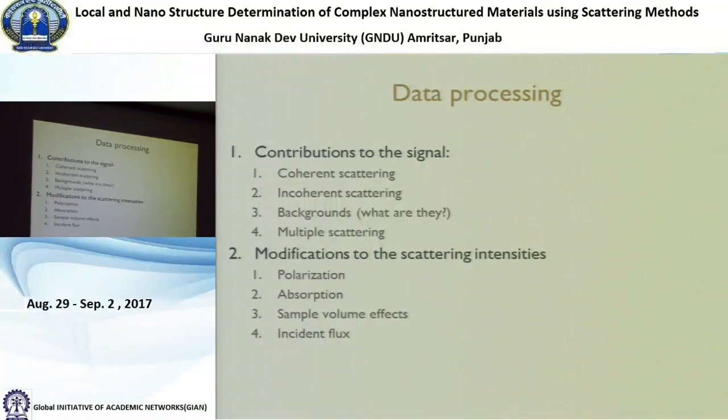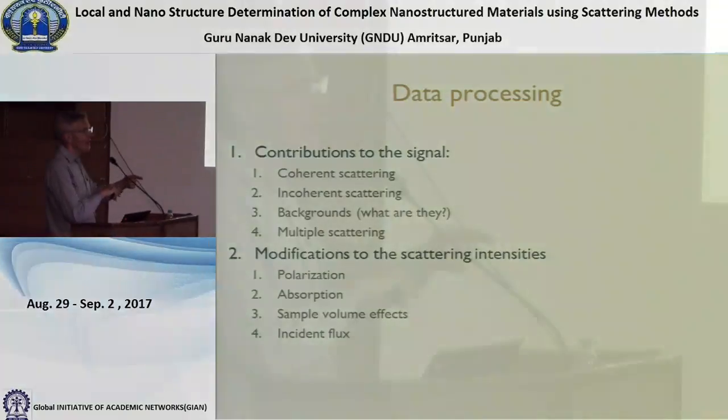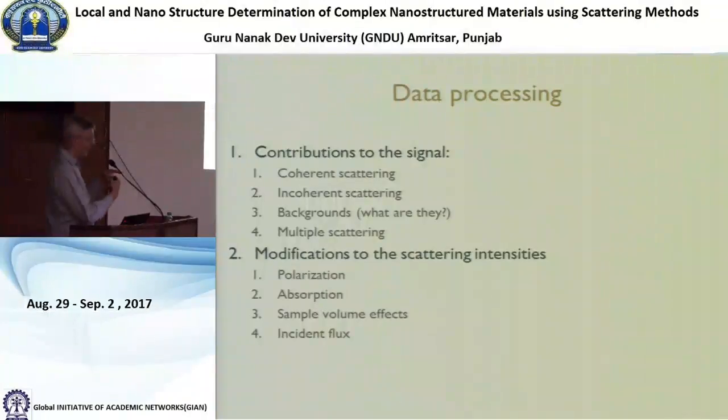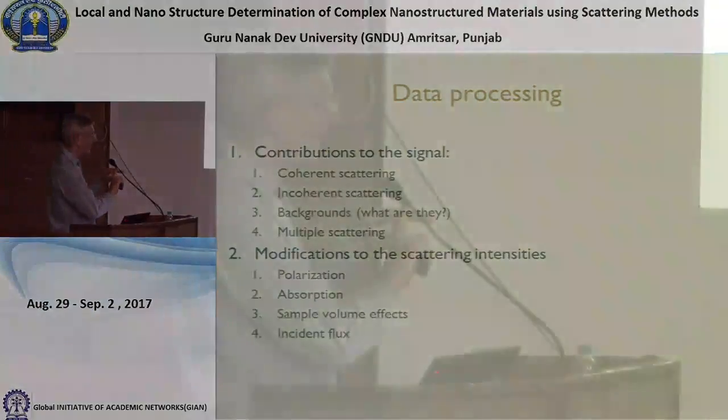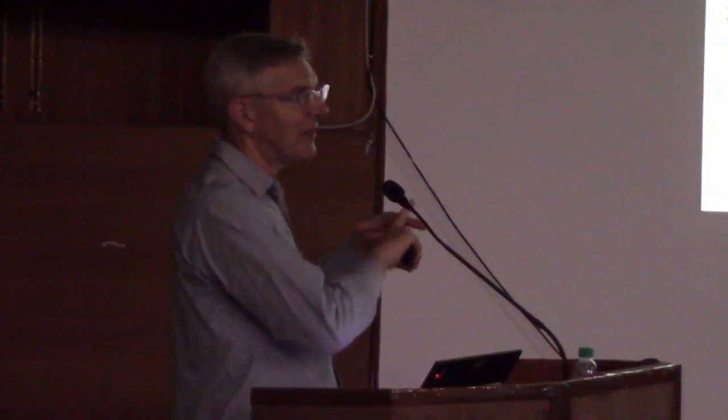Polarization is also an issue. The X-rays have some polarization. It's an electromagnetic wave propagating in this direction, made of an oscillating electric field and an oscillating orthogonal magnetic field. If you just consider the electric field modulation, it's oscillating in some direction around the direction of travel of the beam.